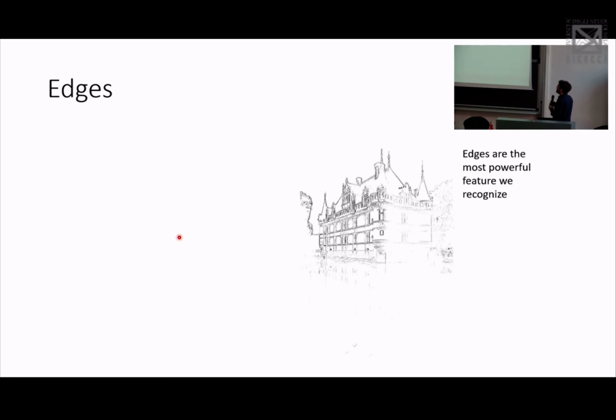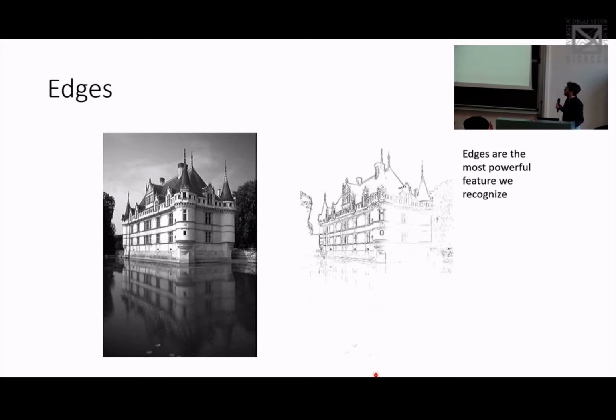Another important topic is that of edges. Edges are actually the most powerful feature that we recognize. Just getting this sketch lets you understand a lot of the context. Here we have this kind of castle, and the quality of the projection here is very poor, but this is the original image.